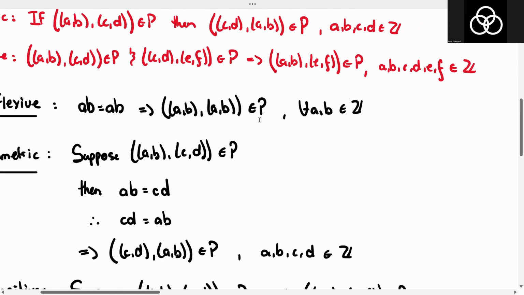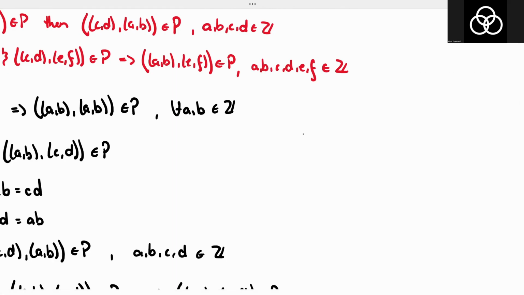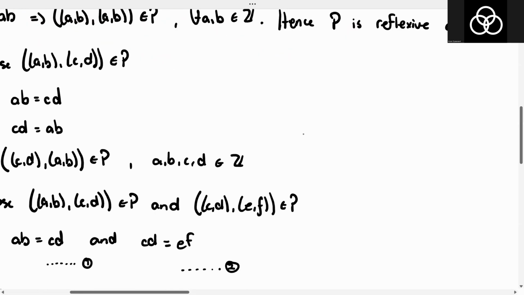So this belongs to P, hence the relation P is reflexive on Z. So we could actually write that in. So let's say hence P is reflexive on Z cross Z, and same thing here, right?